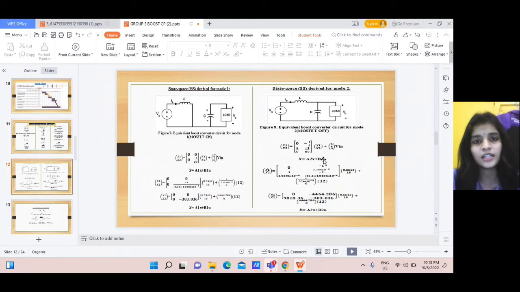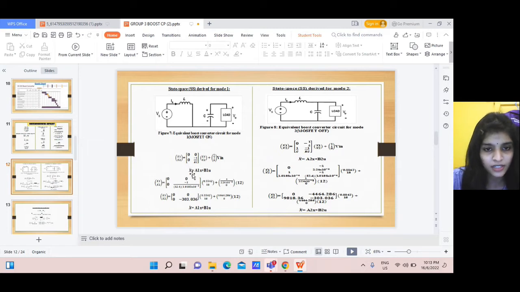Then we're going to see the state space derivations, the difference between mode 1 and mode 2. So this is the equivalent boost converter circuit for mode 1, that means the MOSFET will be in the on condition. So this is the derivation of the state space equation.